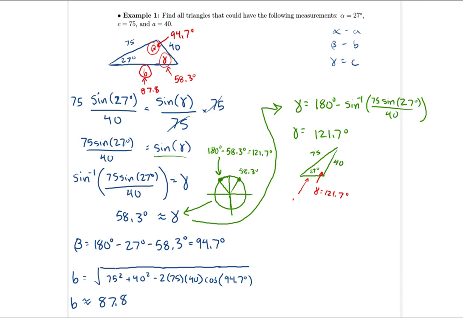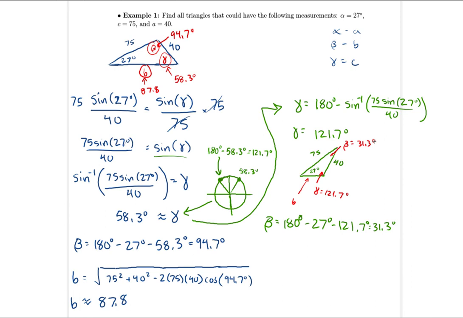Then we still need to find B and beta. So we do the same thing we did down here: beta is going to be 180 degrees minus 27 degrees minus 121.7 degrees, which gives me 31.3 degrees. So there's the beta that we're talking about.